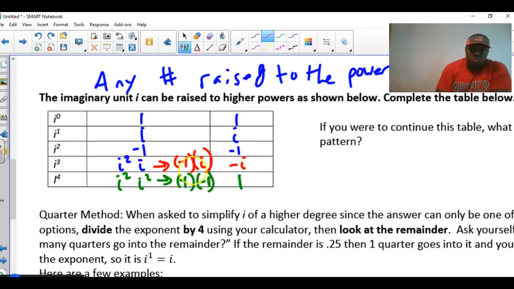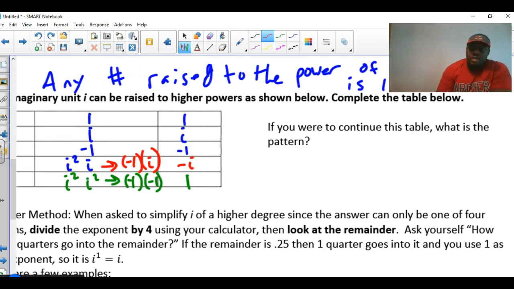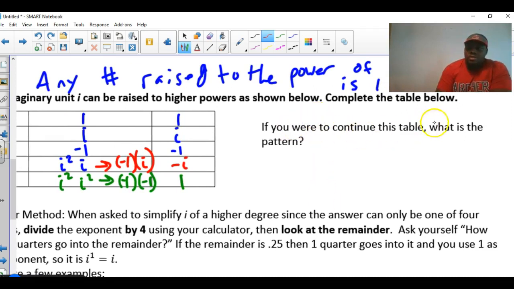I'm trying to show you a property that I think will come fairly easy if you continue this table. All right, if you were to continue this table, what would the pattern be? The pattern would be just like this. 1, i, -1, -i, 1. All right, and then just continue infinitely for every number. All right, you would go 1, i, -1, -i, 1.